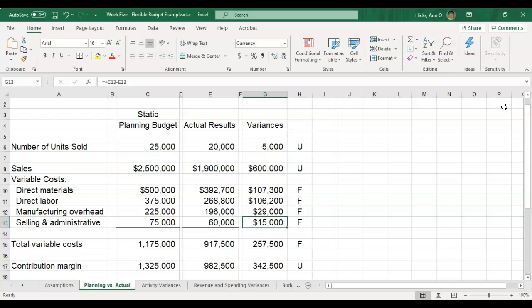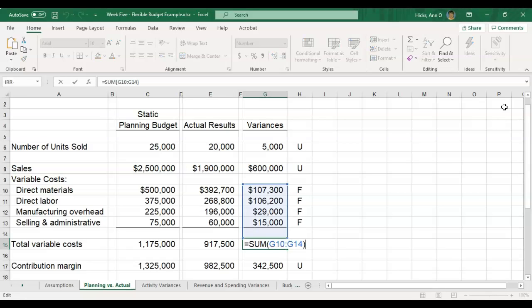So to some degree, we would expect our variable costs, which are tied to units, to be less than what was budgeted. So this favorable variable cost may be a function of selling fewer units, which is not favorable.